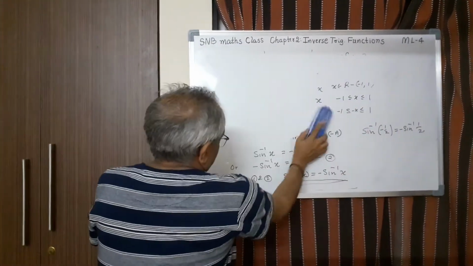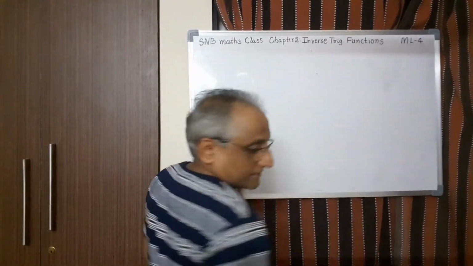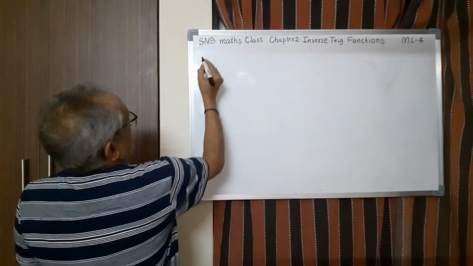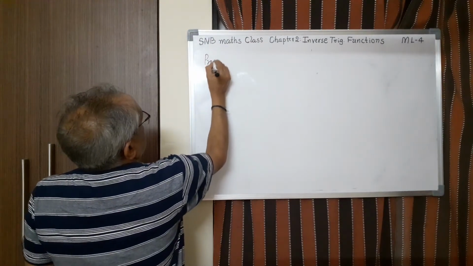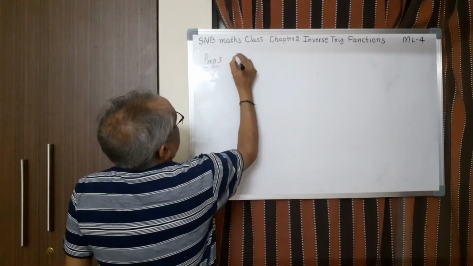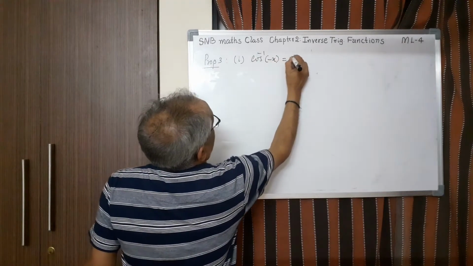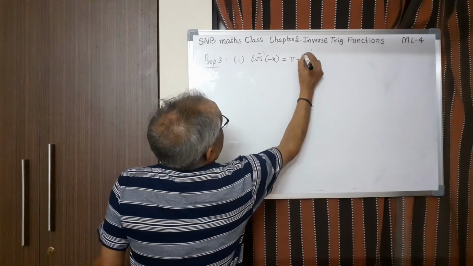So let us take the third property also. So property 3 is this. Property 3, first one, cos inverse of minus x is pi minus cos inverse x.